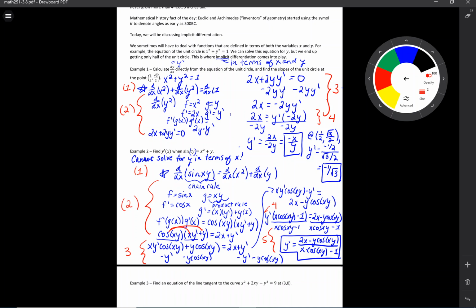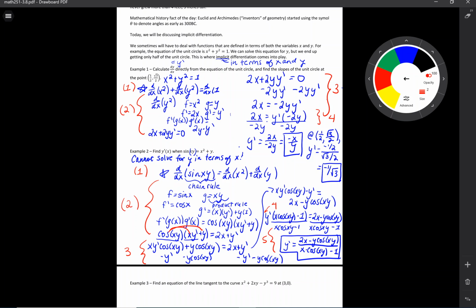And then I had to use the product rule to find the derivative of xy. And then I just followed my steps. I had to expand out a little bit. I got all of my y prime terms to one side, all of my terms without a y prime on the other side. I factored out a y prime where I could, and then I divided through to solve for y prime.